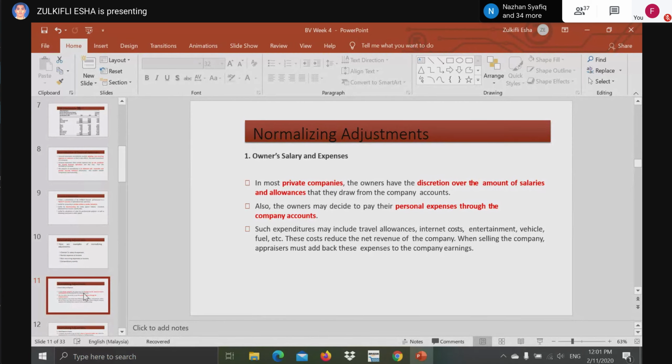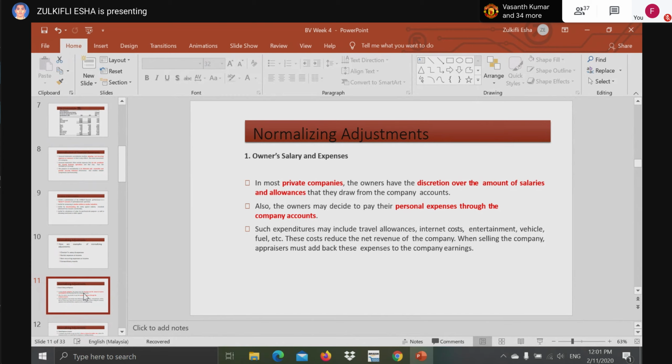Let's say from the comparison, you find that the owner's salary and expenses for your company are a bit higher compared to the same companies within the industry. Then when it comes to normalizing adjustment, you may need to decide to reduce the amount of owner's salary and expenses for your company. That's what it means by normalizing adjustment.